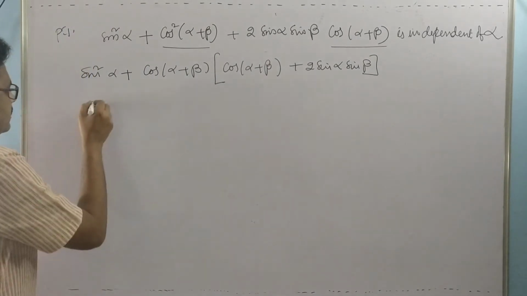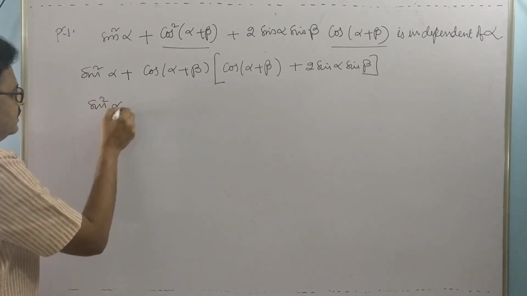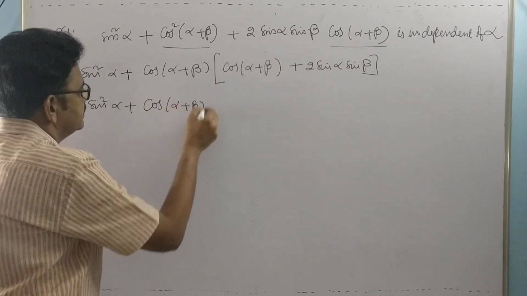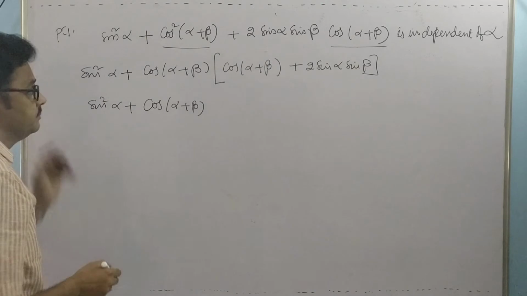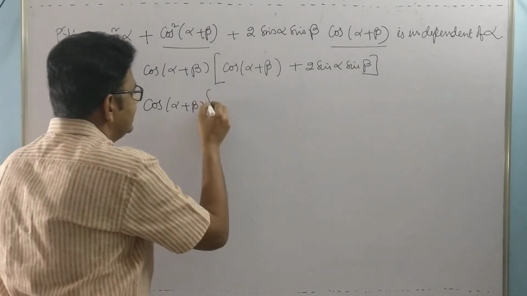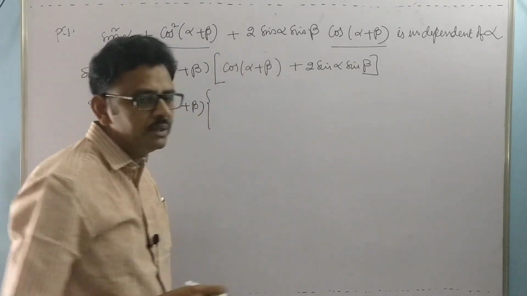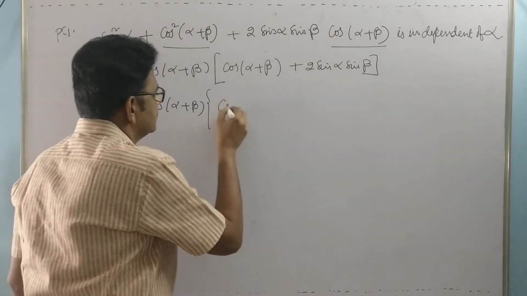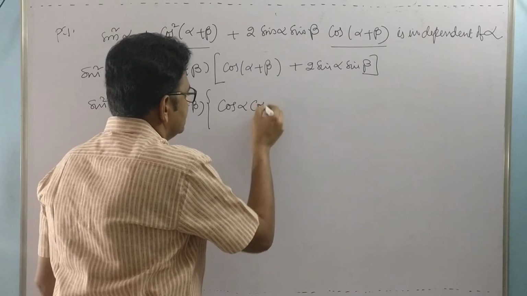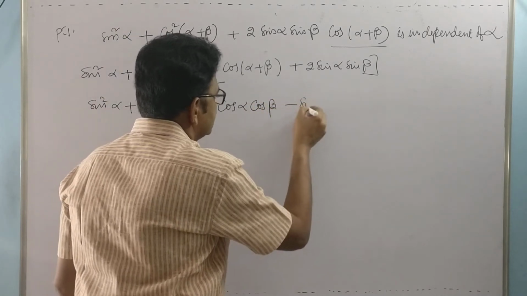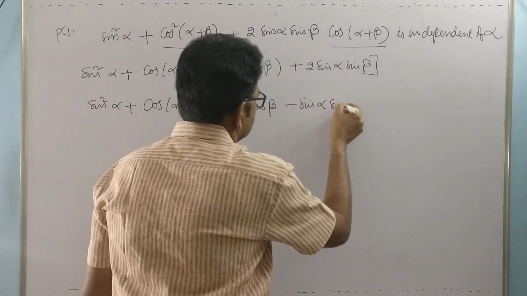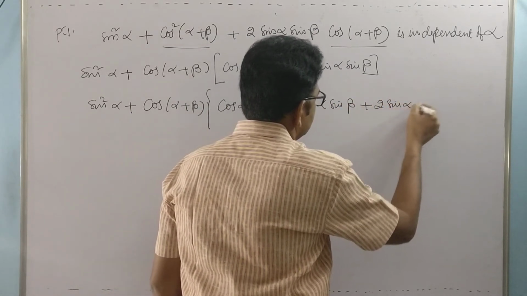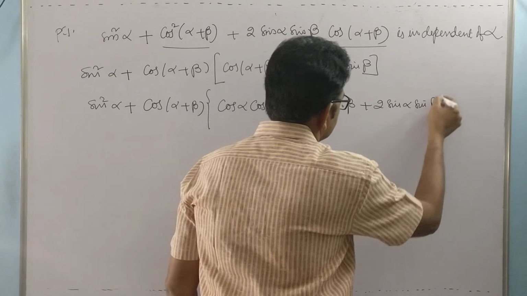Okay. Now this is sin square alpha plus this is cos of alpha plus beta. And write the expansion of cos of alpha plus beta. Expansion of cos alpha plus beta. So this is cos alpha cos beta minus sin alpha sin beta plus 2 sin alpha into sin beta.